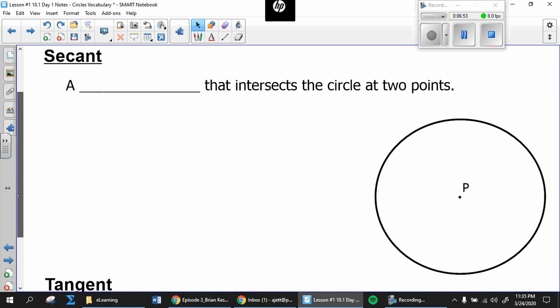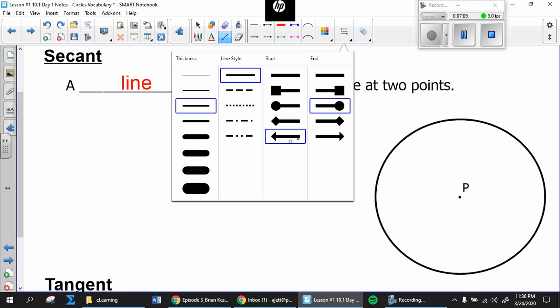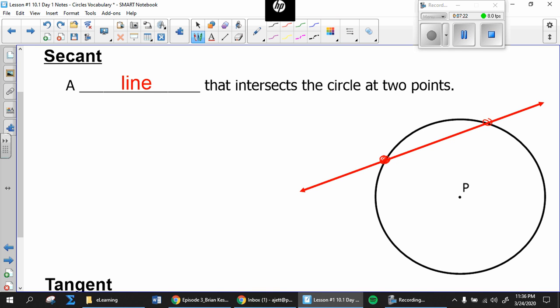Next one is a secant. Everything we've talked about so far has been a segment. Well, a secant does not end, it's a line. A line that intersects the circle at 2 points. So we get this line, it goes on forever, and it goes through the circle at 2 different points. It goes through the circle here at this point, and here at this point.